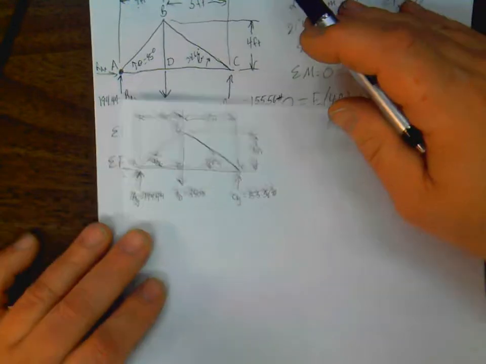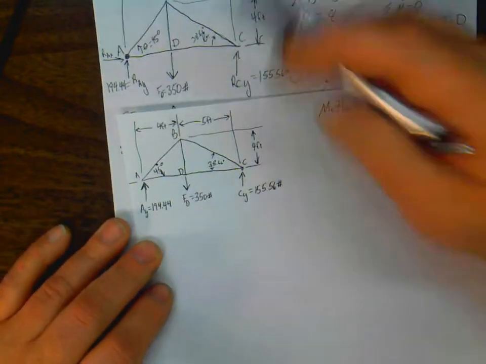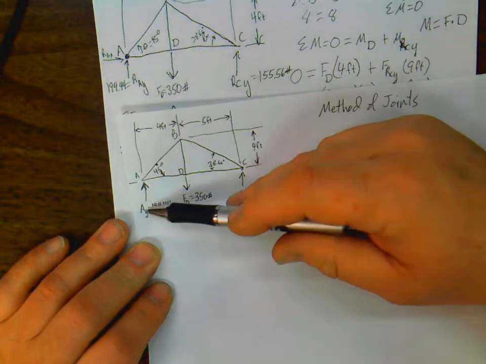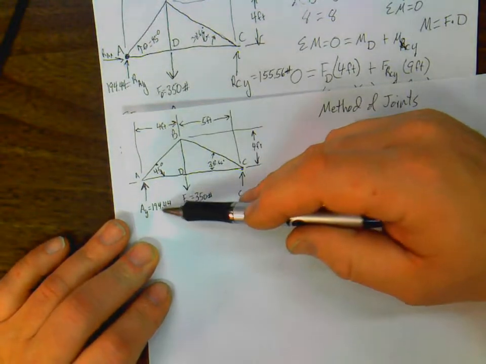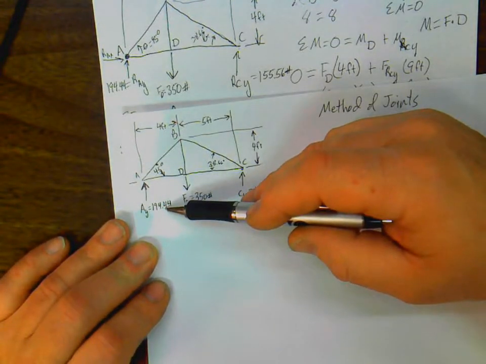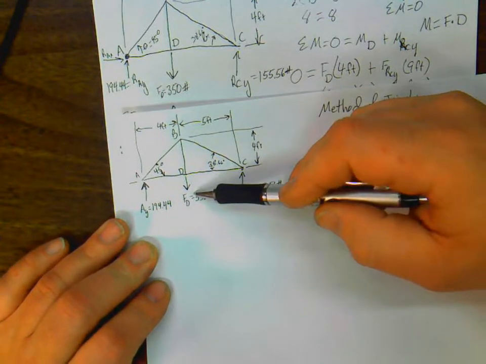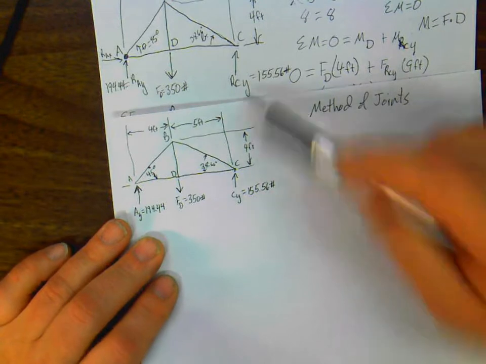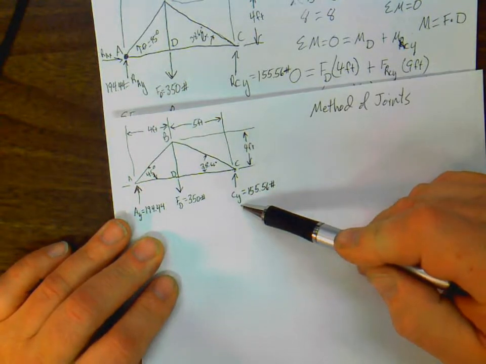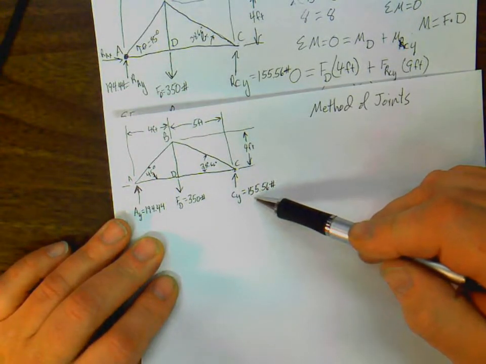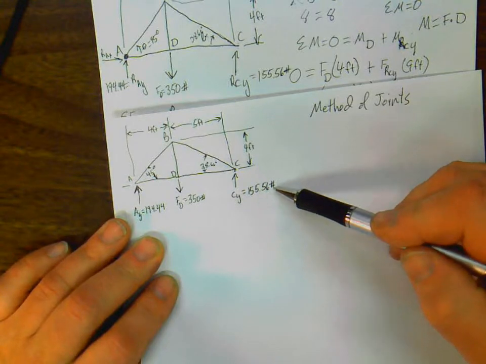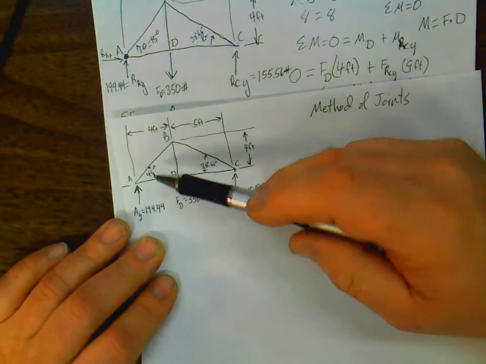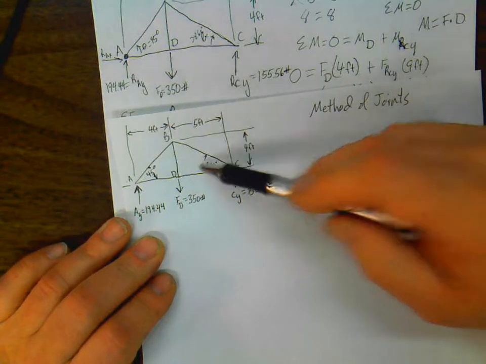You'll notice I've replaced R of AY with force AY, which we already determined was 194.44 pounds. Still got the force of D, and of course the reactionary force of CY has been replaced by CY of 155.56 pounds. And I also replaced my angles with what I have determined already.